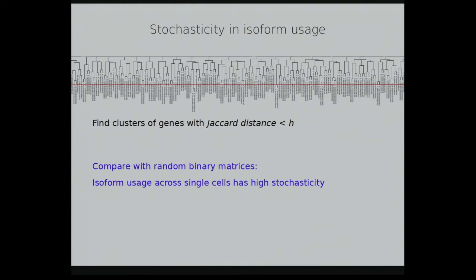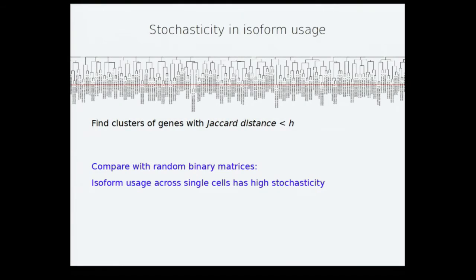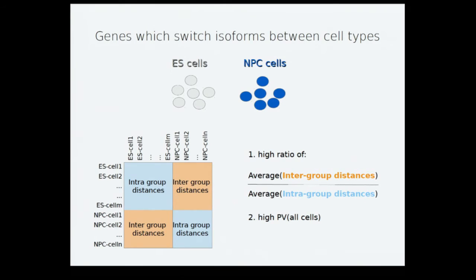And I'm also not looking for multiple genes. Now I'm just looking at each single gene and seeing if this gene uses different isoforms in different cell types. So this becomes the last application that I want to show: with this PV measure, we can find genes which switch isoforms between cell types.